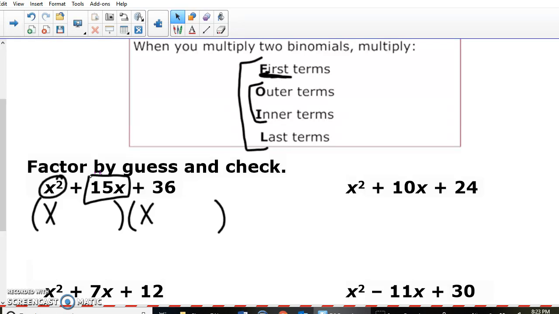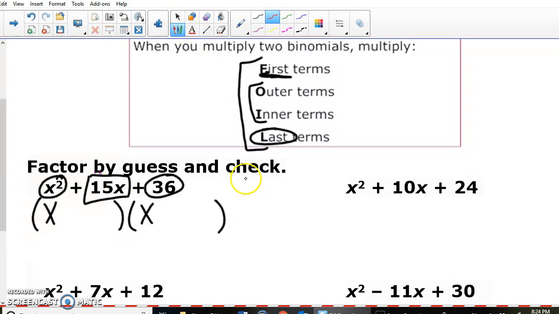Okay, so I need to think of two numbers that are going to add to equal 15, but they also need to multiply, for my last terms, to give me 36. So I need to be thinking, what times what will give me 36, but will also add to give me 15. So I'm going to start by listing out my factors of 36.